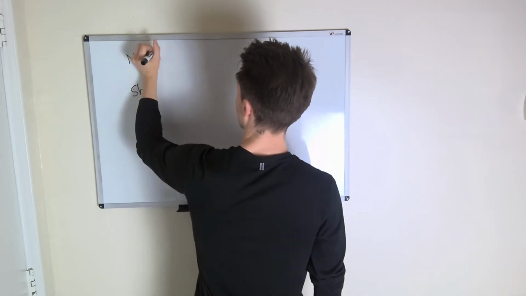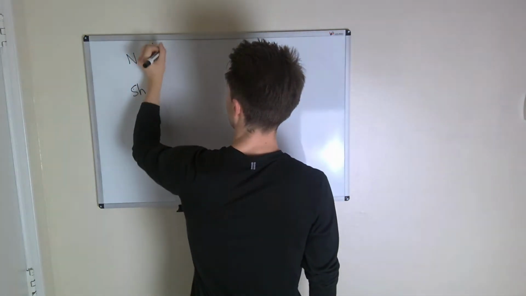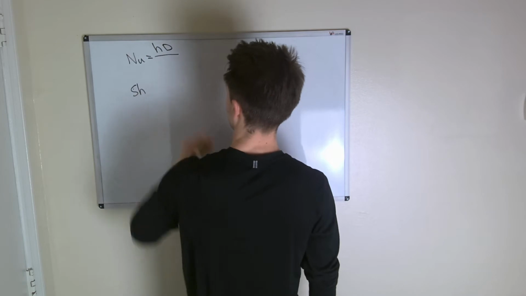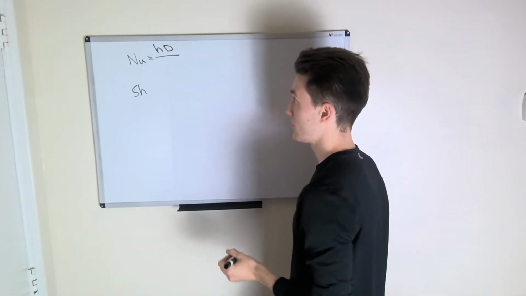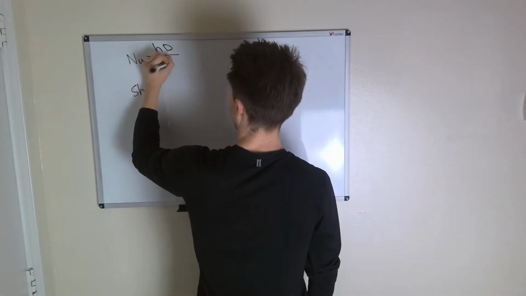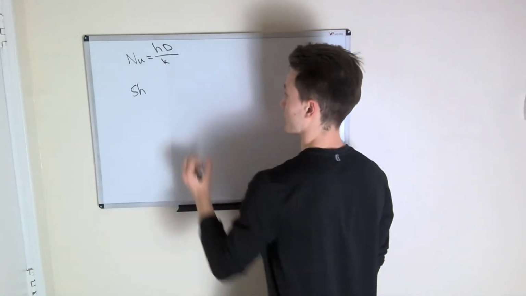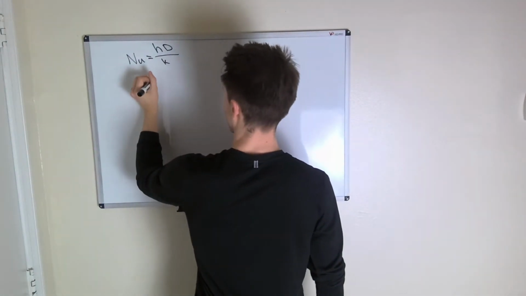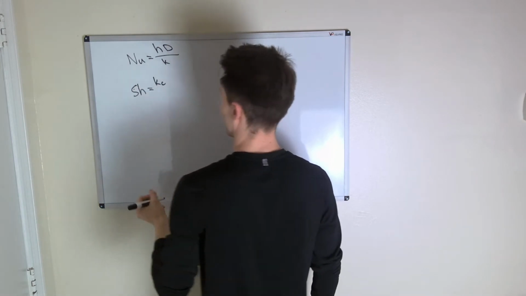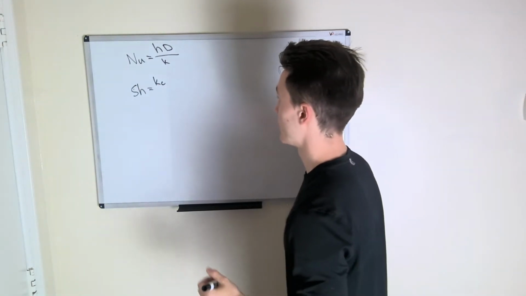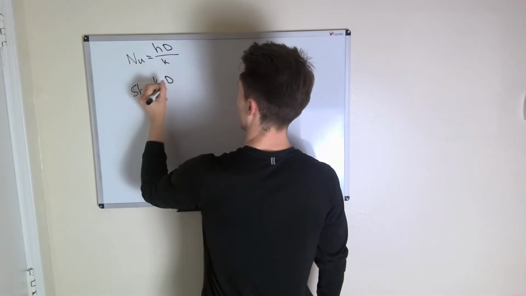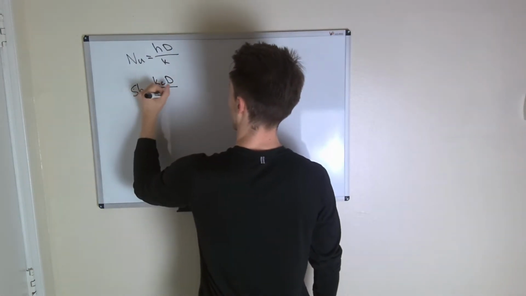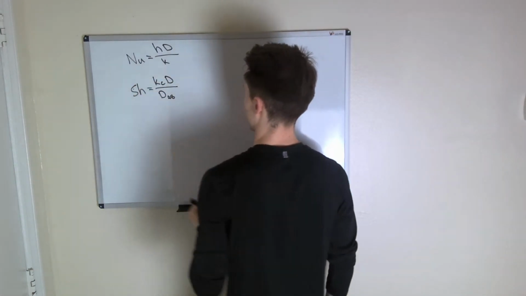And the Nusselt number is equal to our heat transfer coefficient multiplied by some distance over our thermal conductivity. And the Sherwood number is equal to our mass transfer coefficient multiplied by some distance over our diffusion coefficient.